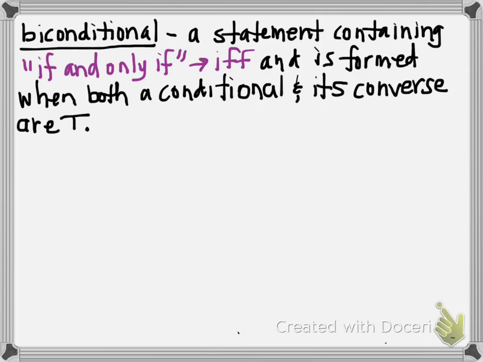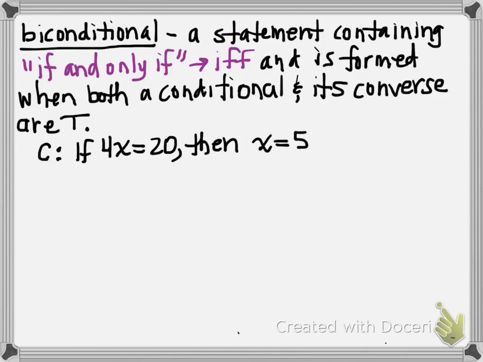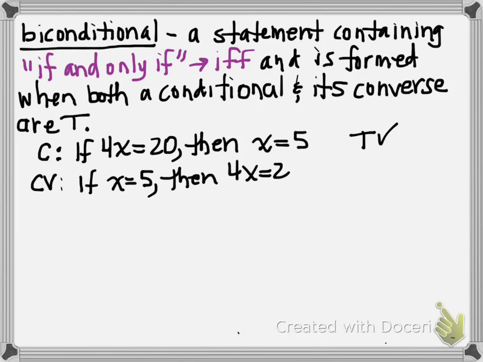So here's our conditional. I'll just use C to represent conditional, and it's going to be if 4x equals 20, then x equals 5. And we would say true. Then we have the converse. If x equals 5, then 4x equals 20.